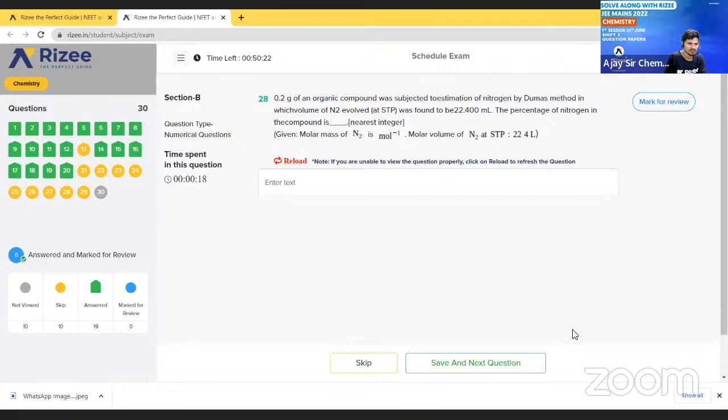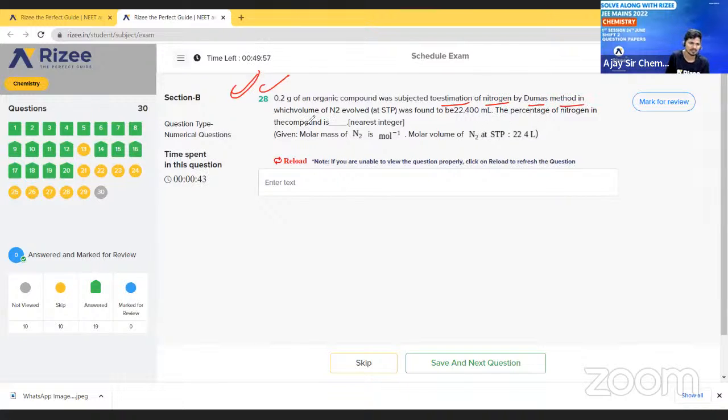Okay, see here, we will discuss this question only. This is a very simple question. So first read this question. I will give one minute of time. 0.2 grams of organic compound was subjected to estimation of nitrogen by Dumas method. Dumas method is very important.